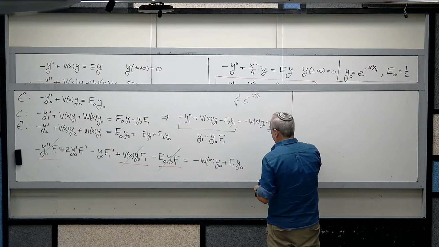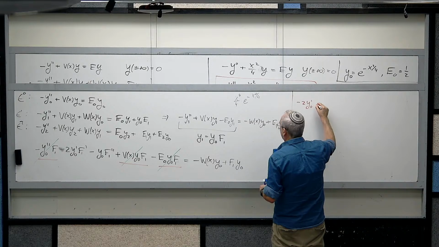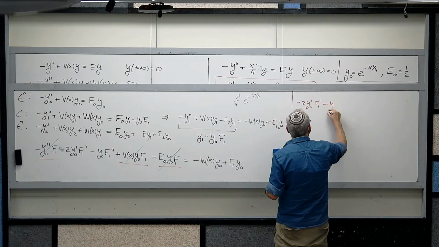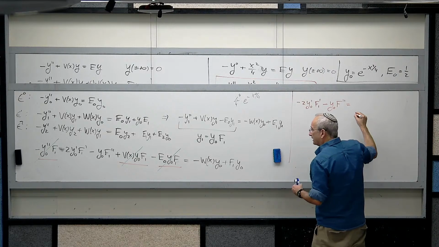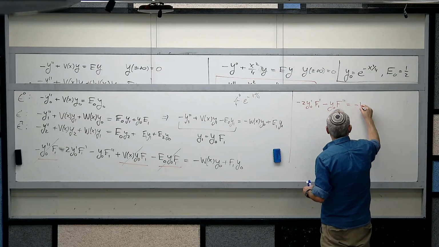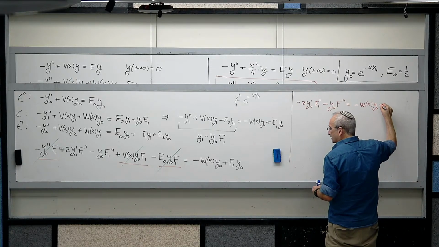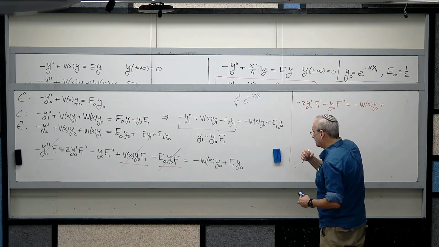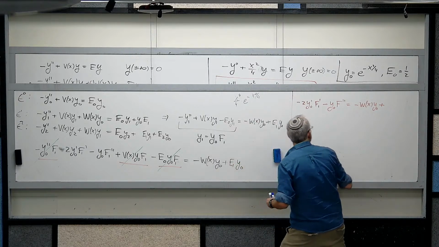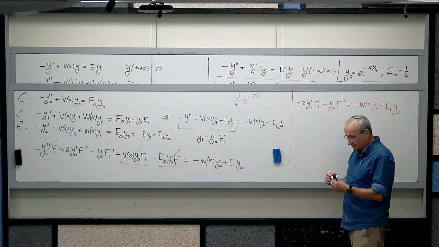It will be minus 2 y naught prime f prime minus y naught f double prime is equal to minus w of x y naught plus e1. It's e1, not f1. So e1 y naught. Okay, good.